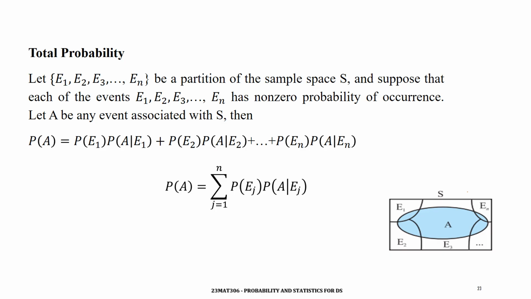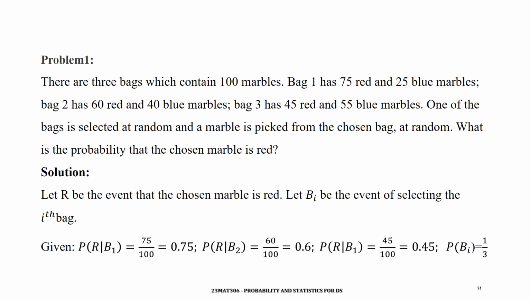Then the total probability is given by P of A is equal to P of E1 into P of A given E1 plus P of E2 into P of A given E2 and so on up to P of En into P of A given En. This law is useful when dealing with multiple cases or sources.